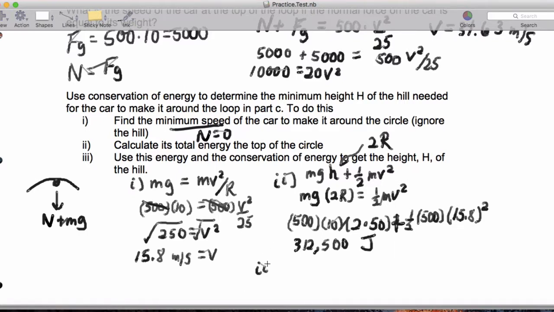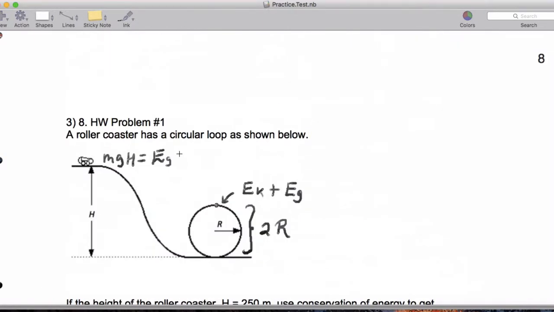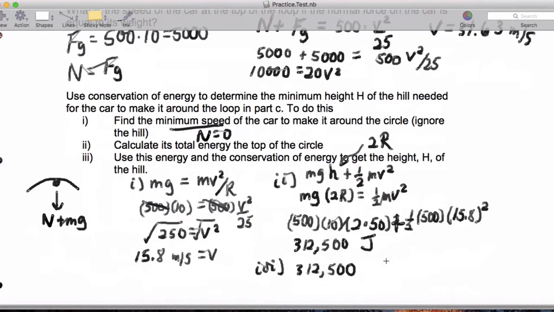Lastly, this energy here is going to equal the energy at the very top right here. And that's going to be equal to m times g times the big height that we're solving for. I'll put 500 in here, 10 for the gravity.